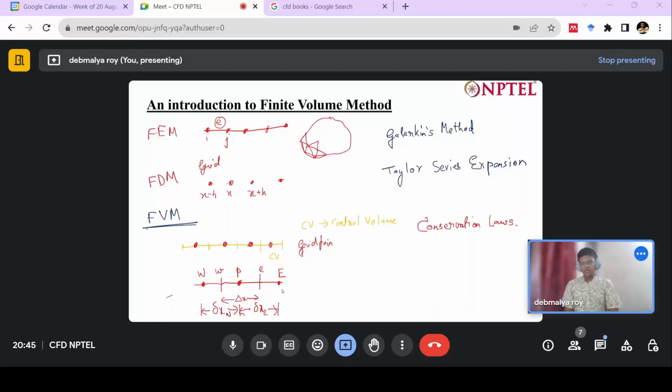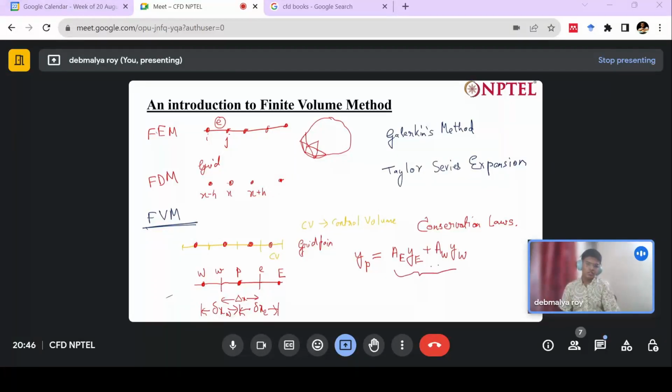So for any equation that we are solving in this case, we'll try to find out the variable, let's say y will be a more appropriate term. So y is, let's say, the dependent variable. So y of P will have certain coefficients: a_e y_e plus some a_w y_w.